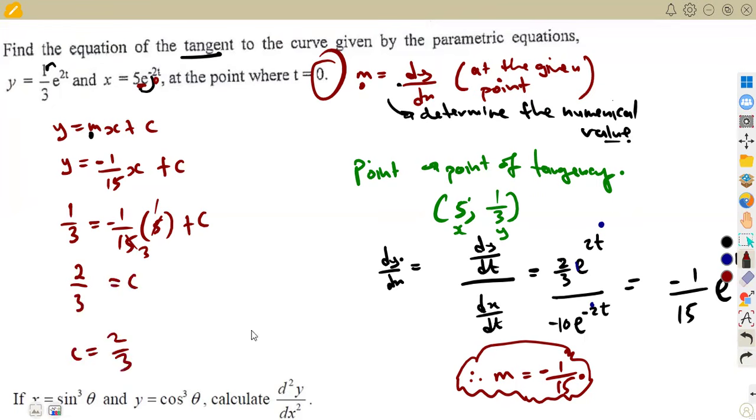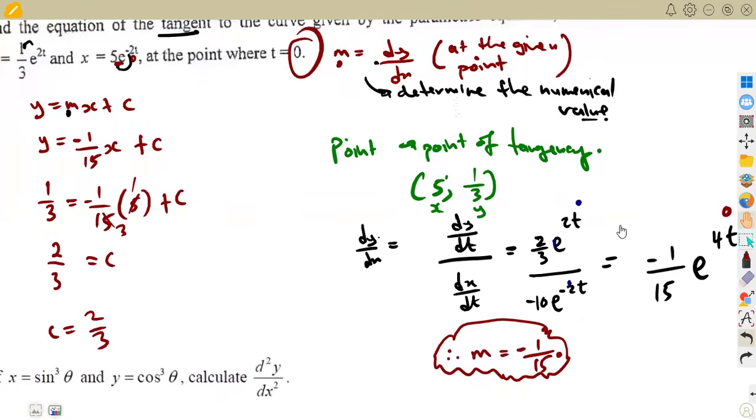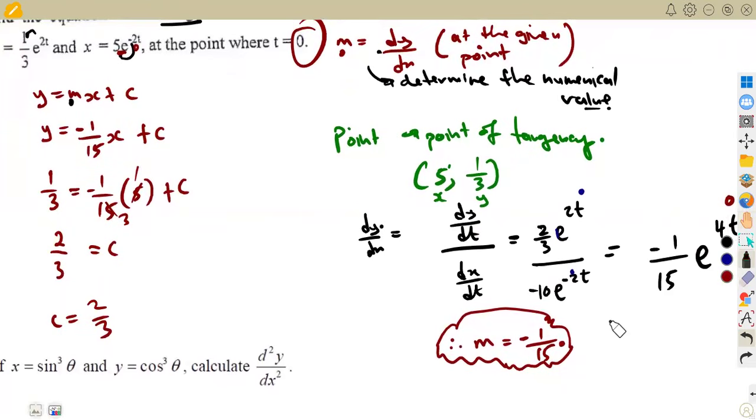So if c is 2 over 3, therefore, the equation of the tangent that we are talking about is going to be given as y is equal to mx, which is minus 1 over 15 x, plus c, our c, which is 2 over 3. So that is what you're going to have at the end.